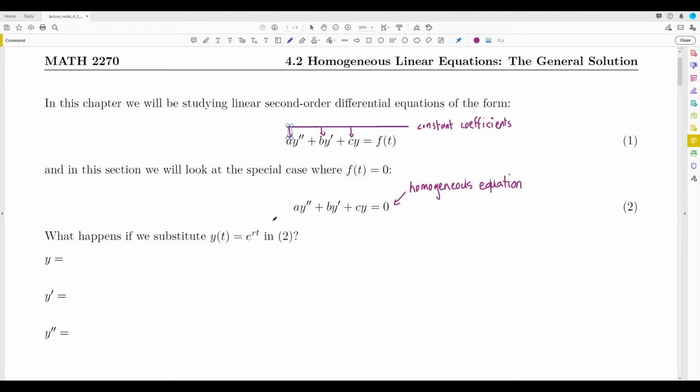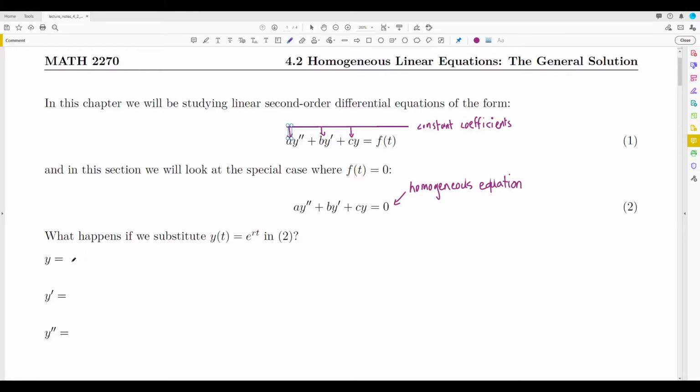Now, the way we solve this is by an educated guess. So we're going to try to substitute y of t equals e to the power rt, where r is a constant.